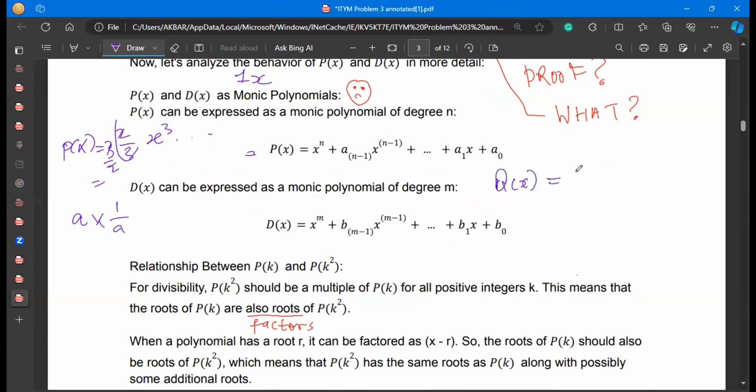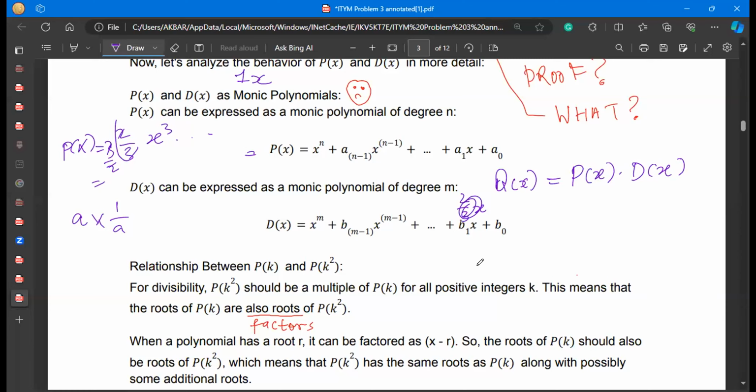You should write q of x equals p of x times d of x. And what is q of x? Take the same example, or I think it would be better to take the general one.